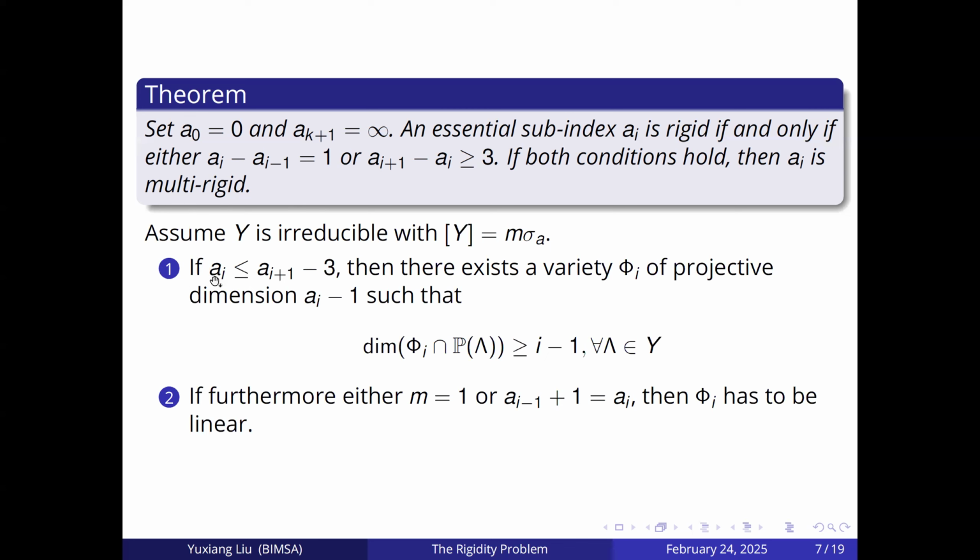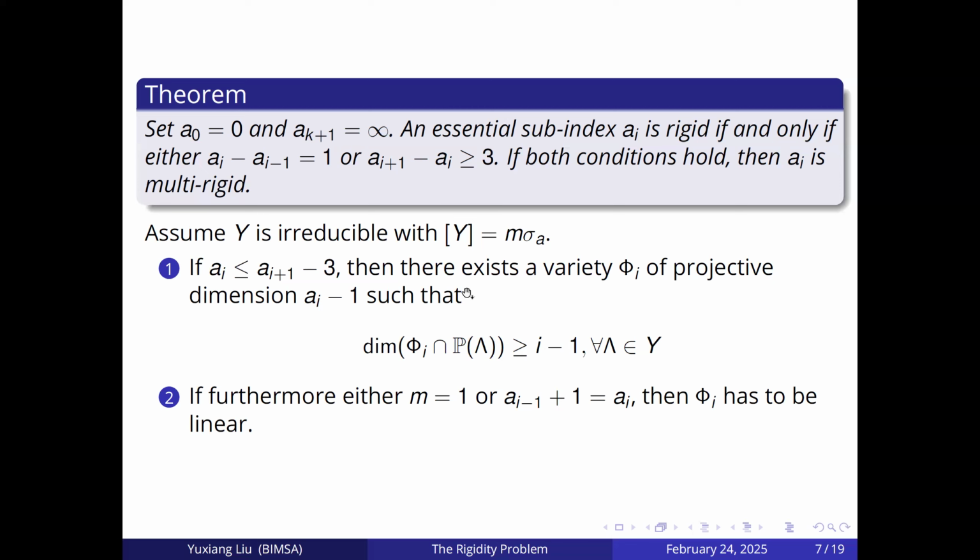The first step is to prove that if the second condition holds, we can find a projective variety phi of dimension a minus 1 that meets all points in Y in the correct dimension. It can be proved by induction. We just take a general hyperplane and we cut everything down by this hyperplane.